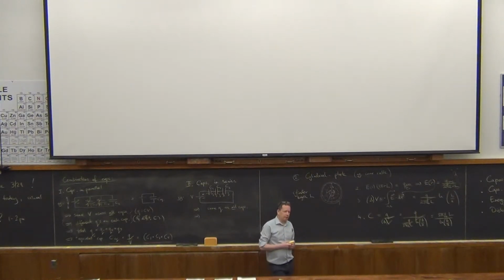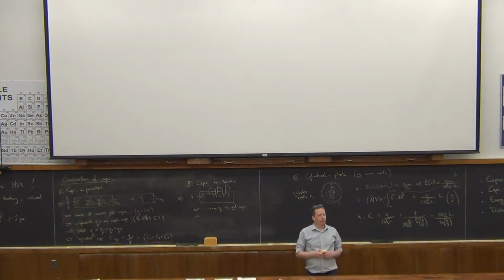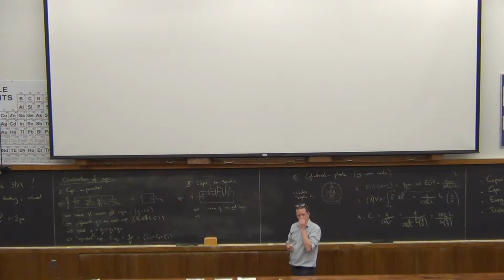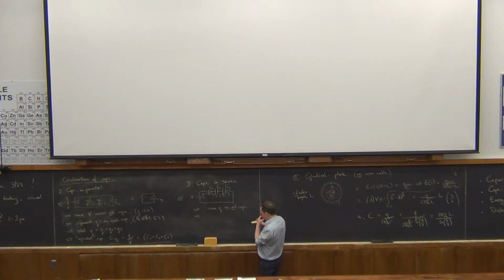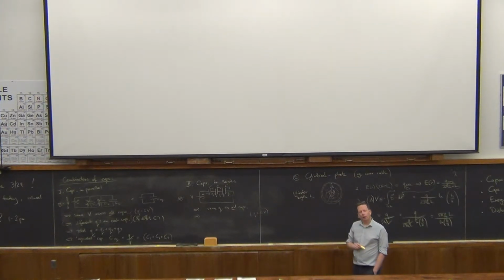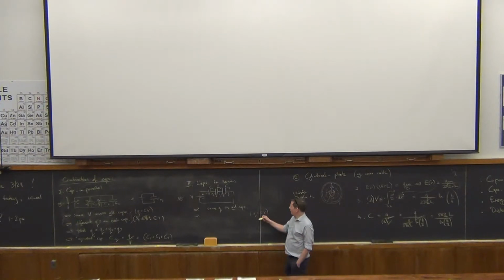What about the potential differences across each capacitor now? Jessica? They're proportional to the capacitance. So are they proportional to the capacitance? I've got the same Q everywhere, in principle different C's.